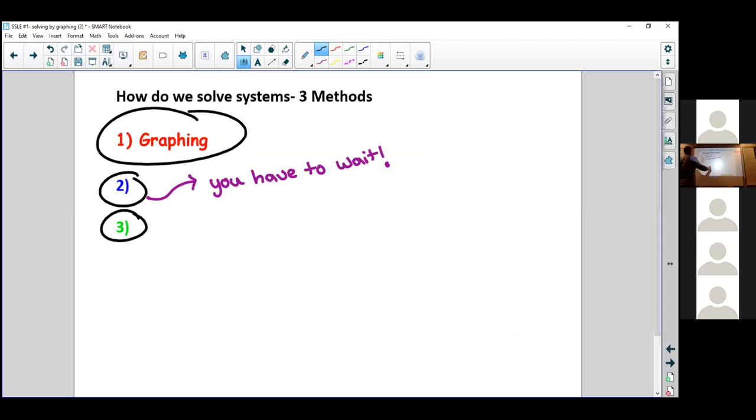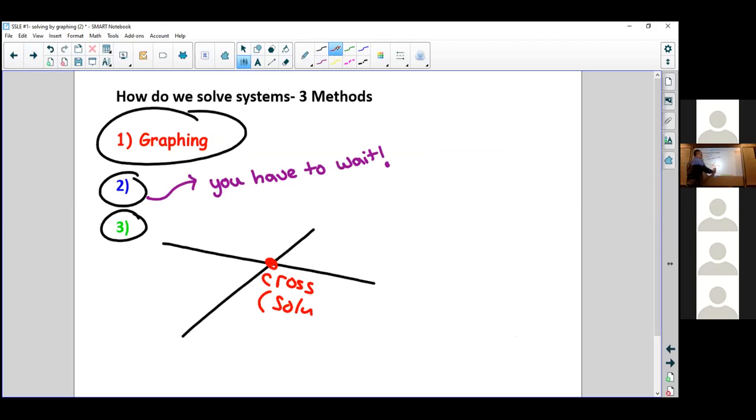So graphing just basically means if I graph 2 lines on the same XY axis, which I did draw, where they cross is called the solution. And the solution is a point. So you put both the X and the Y component as a point, and it'll get it in there for you. Seem good so far?